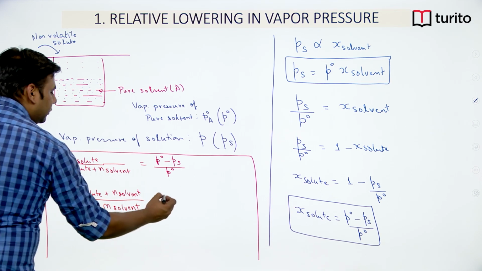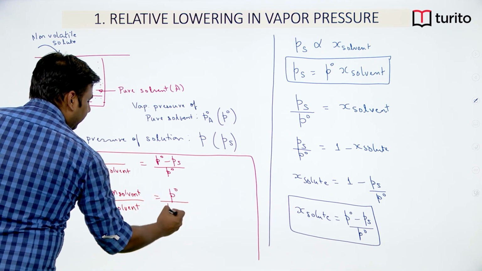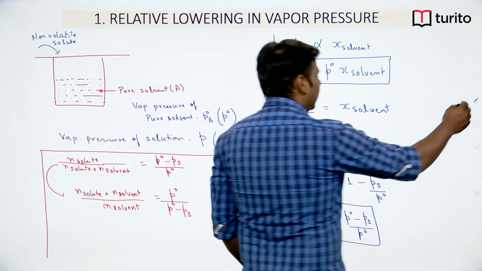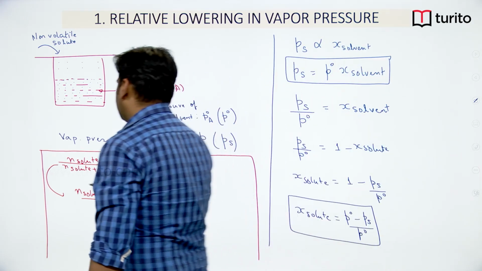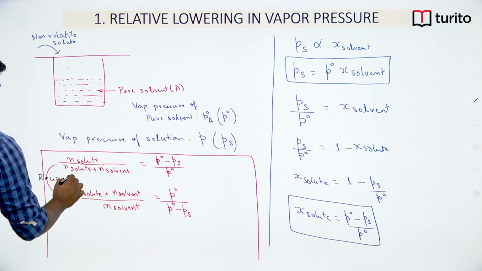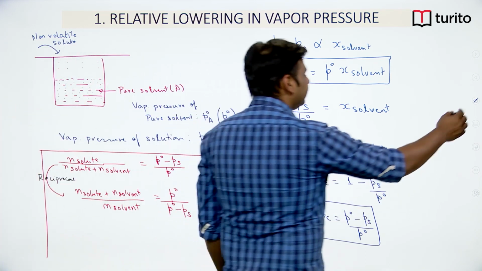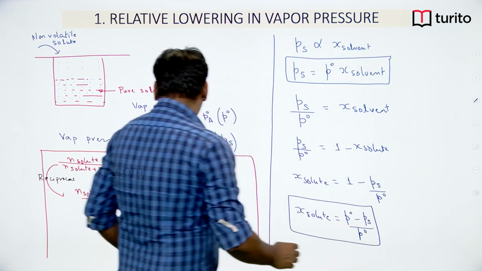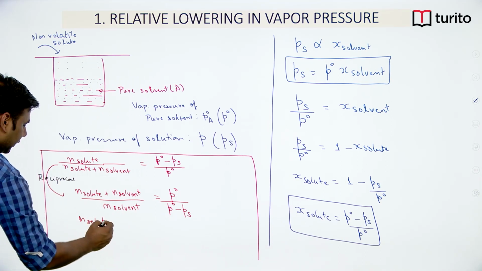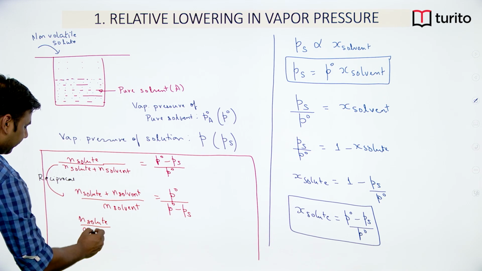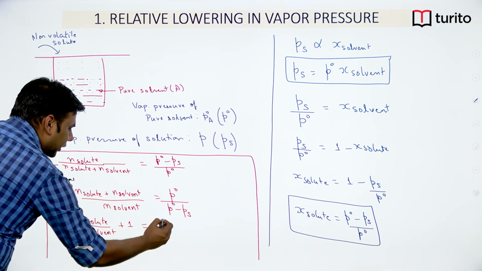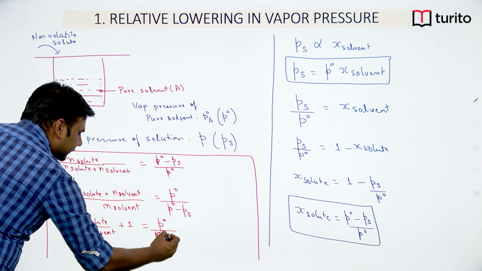So this is equal to P naught upon P naught minus Ps. What I am doing here is just taking the reciprocal of the entire expression. Now you can clearly see, I can write this as number of moles of solute divided by number of moles of solvent plus 1 equals P naught upon P naught minus Ps.